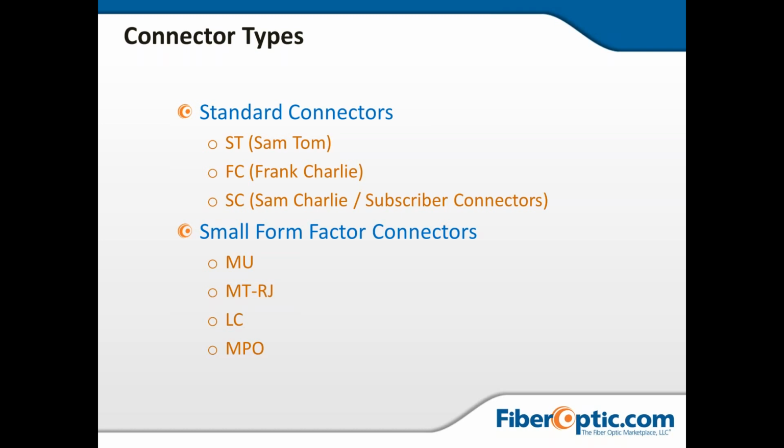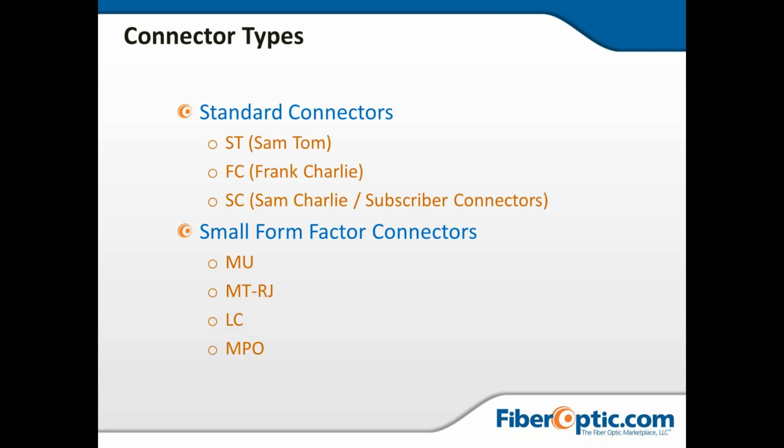Now, in the small form factor connectors, the MU, which is a miniature unit, is what it stands for. All SFF are 1.25 millimeter. The miniature unit is really common overseas, in Japan, China. The MT/RJ stands for Mechanical Transfer Registered Jack, supports full duplex.